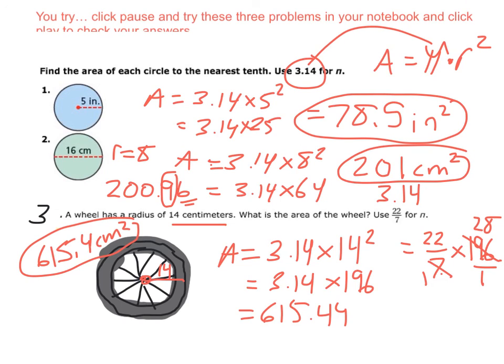So my final answer would be 22 times 28, which is 616 square centimeters. So use 22 over 7 occasionally for pi, because if you know 7 goes into the radius squared, you can simply cross cancel and multiply. You get a really close approximation. These two answers are pretty close together.